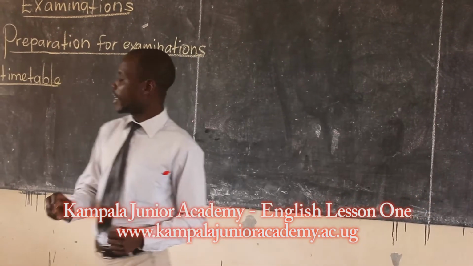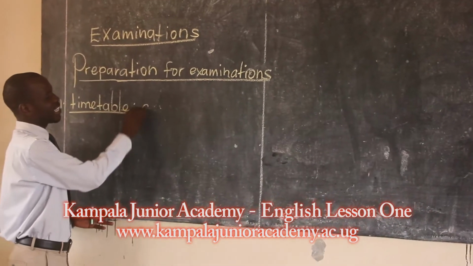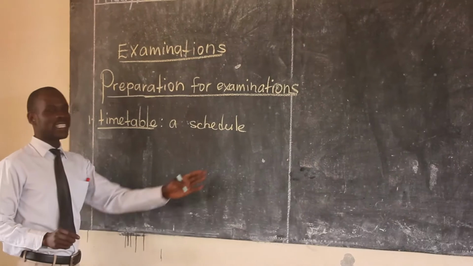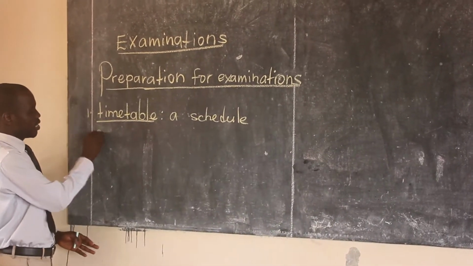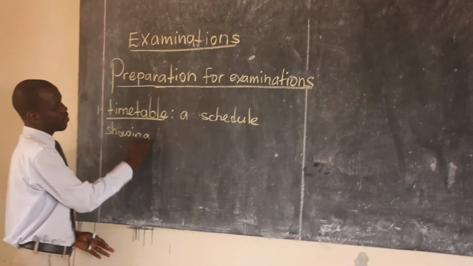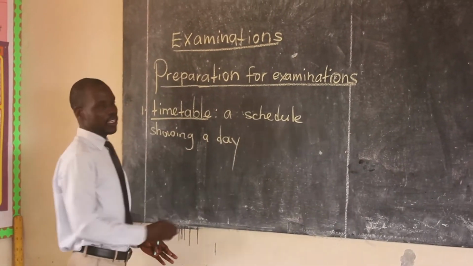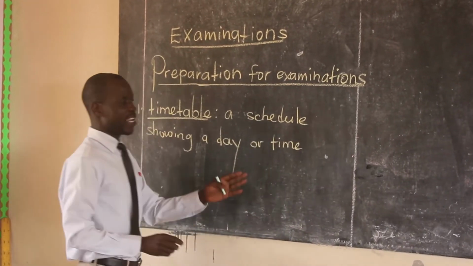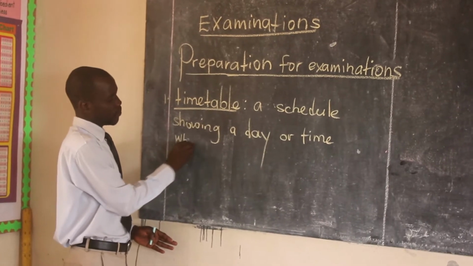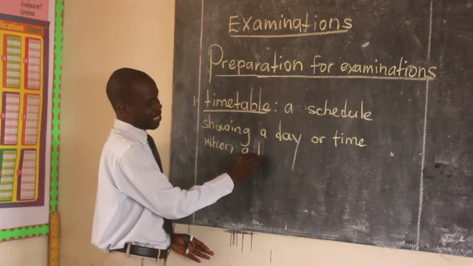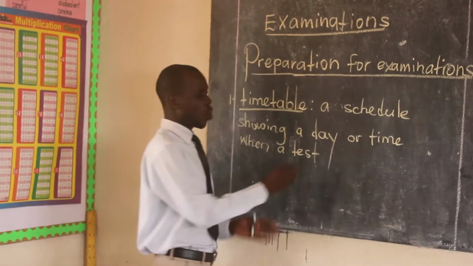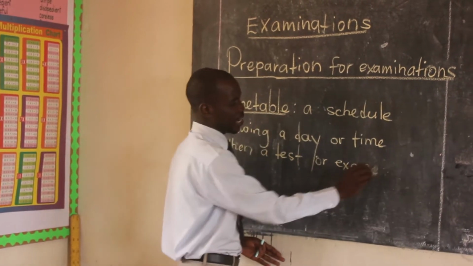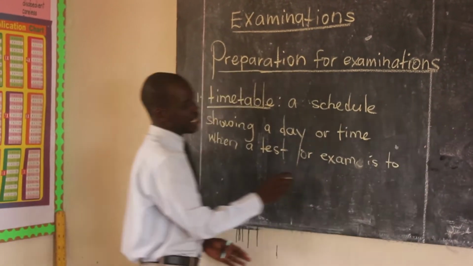Here we shall say, timetable is just a schedule. A timetable is a schedule showing a day or time when a test, or an exam, for this case, an exam, is to be done.